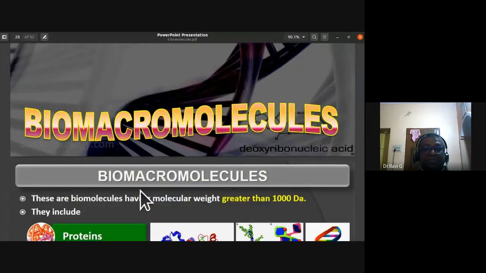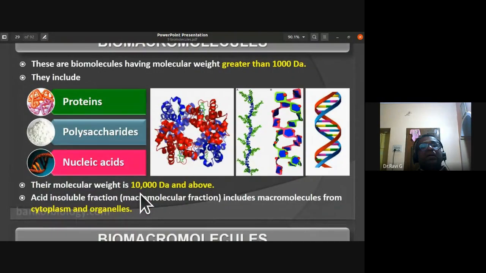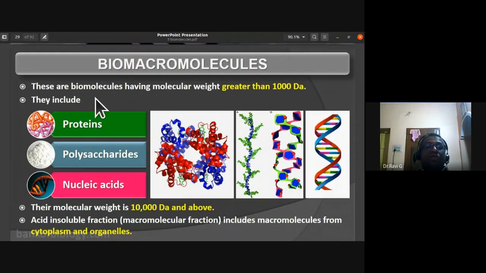After completion of biomicromolecules, we'll go to the next topic, that is biomacromolecules. Biomacromolecules are molecules having molecular weight greater than 1000 Daltons. They include proteins, polysaccharides, nucleic acids.